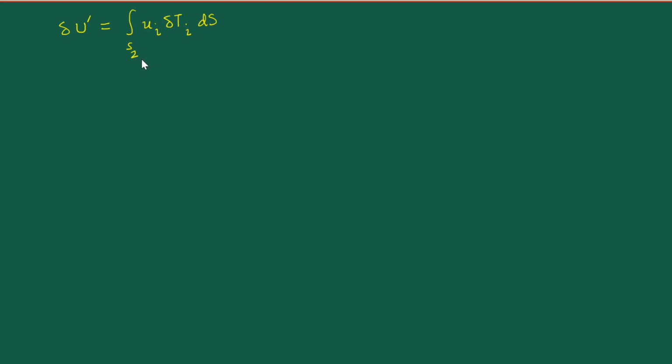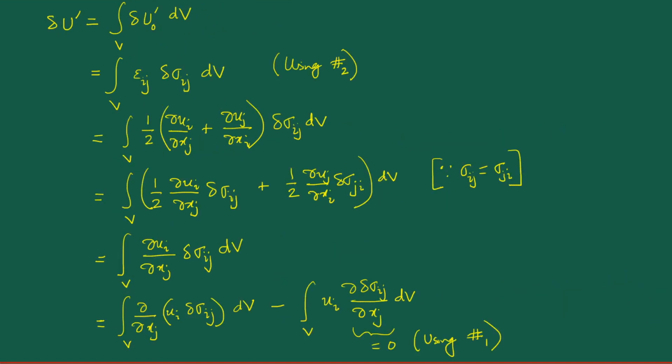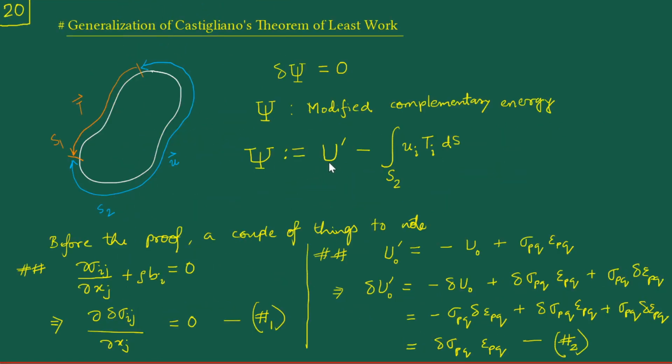And please note that our original intention was to show that delta U dash is equal to, basically, so you can go back a couple of slides to the statement. You see, our original intention before launching into the proof was to show that delta U dash should be equal to delta of this entire thing. And you see this S2 is very nicely sitting here.